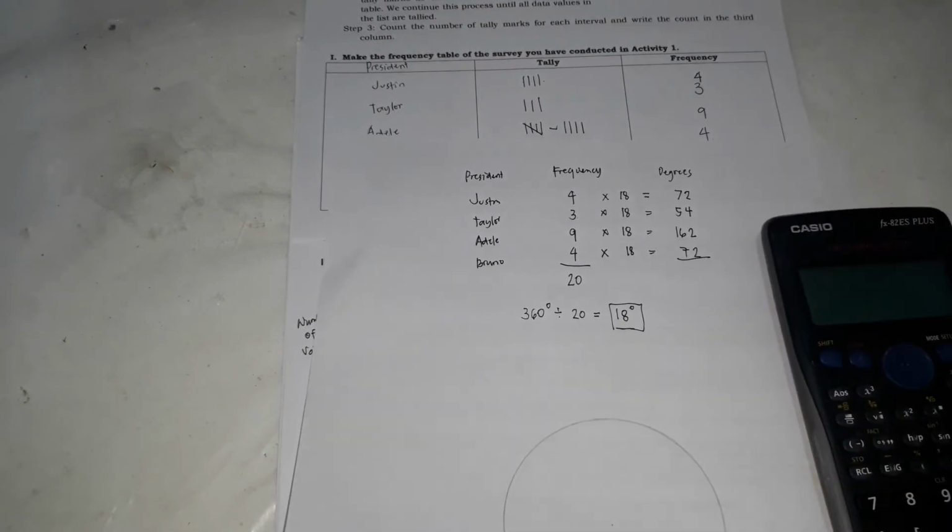Make sure that if you're going to total this, it's 360 degrees. So i-total natin: 72 plus 54 plus 162 plus 72. The total is 360. So that's correct.